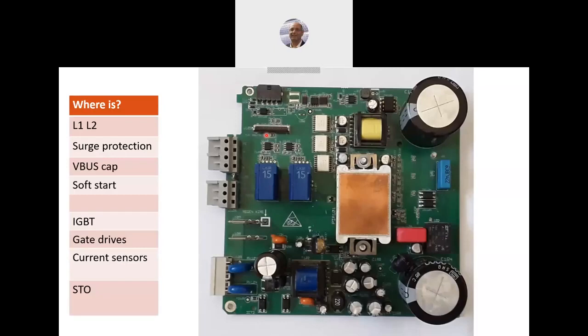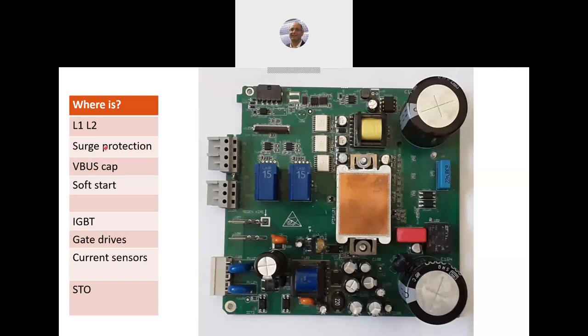where is L1 and L2? So once again, today I'm the one asking the question and answering. So I will show you here. It's L1 and L2. That's where I connect the AC input. Where is the surge protection?